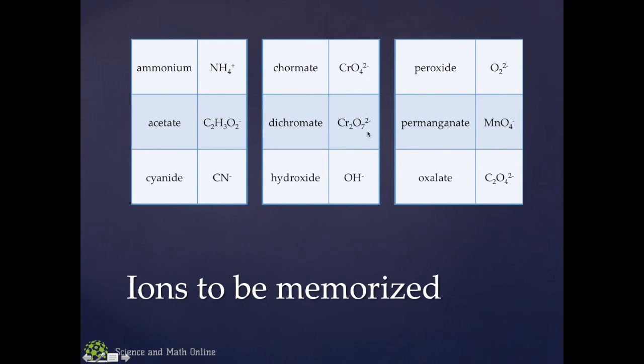Chromate and dichromate. This is the only time you see a prefix in an ionic compound ever, right here, dichromate. Notice it loses an oxygen when it doubles, okay? But the charge stays the same. Hydroxide, peroxide, permanganate, and then oxalate, C2O4 2-, okay?